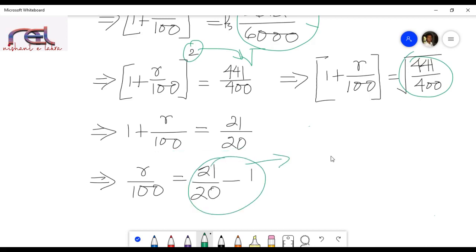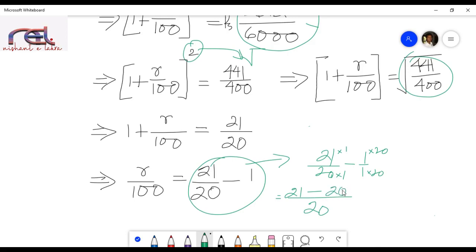Now let me help you understand how to solve 21 by 20 minus 1. You know it very well, but I'm just trying to help you again so that those who do not know it will know how to solve it. 21 by 20 minus 1, by default the denominator is 1. We use the LCM method. It is 20. 20 into 1 is 20. 21 into 1 is 21 minus 1 into 20 is 20, right?